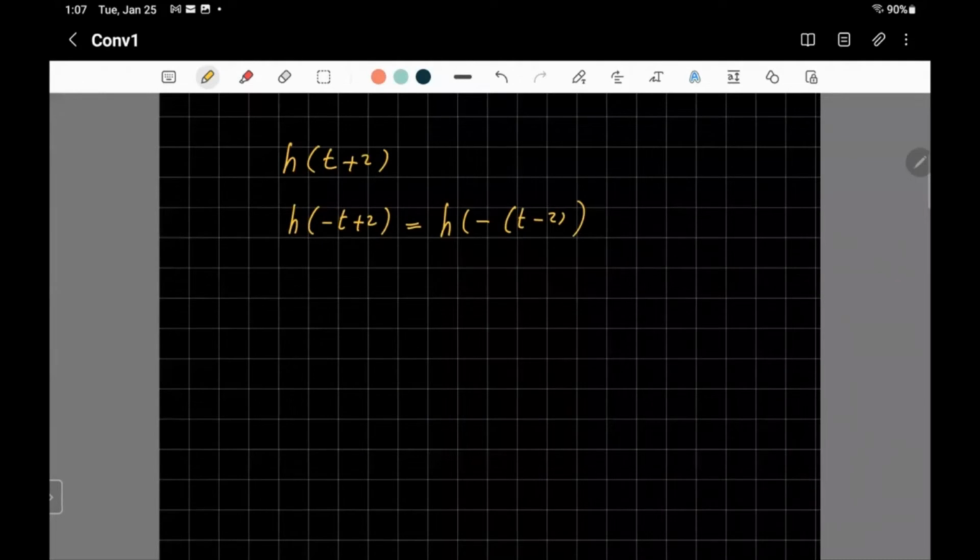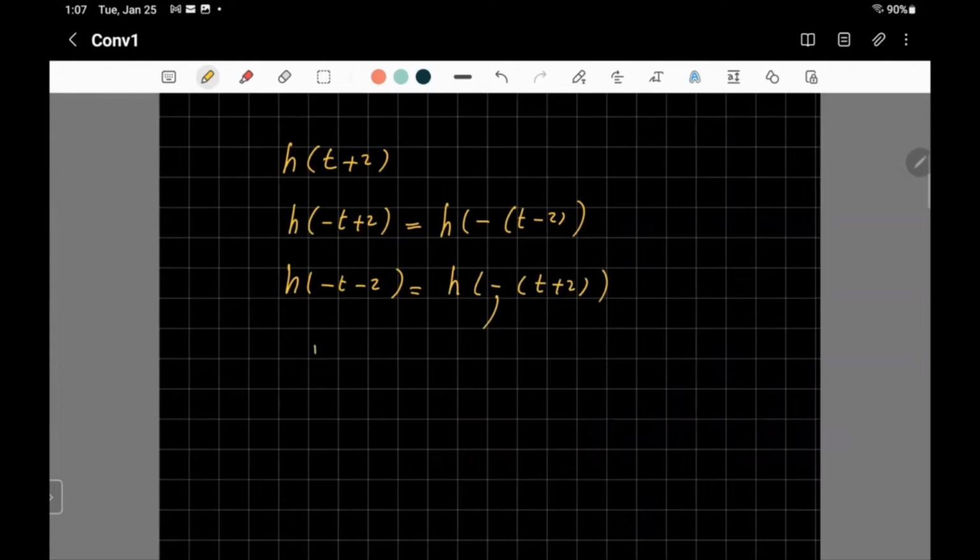Yes. You make the inversion. When you do that, you make the inversion first, and then you shift it to the right by 2. That's right. What about if you do h minus t minus 2? You will say h minus t plus 2. So what you'll do? Inversion first, and then the shift.